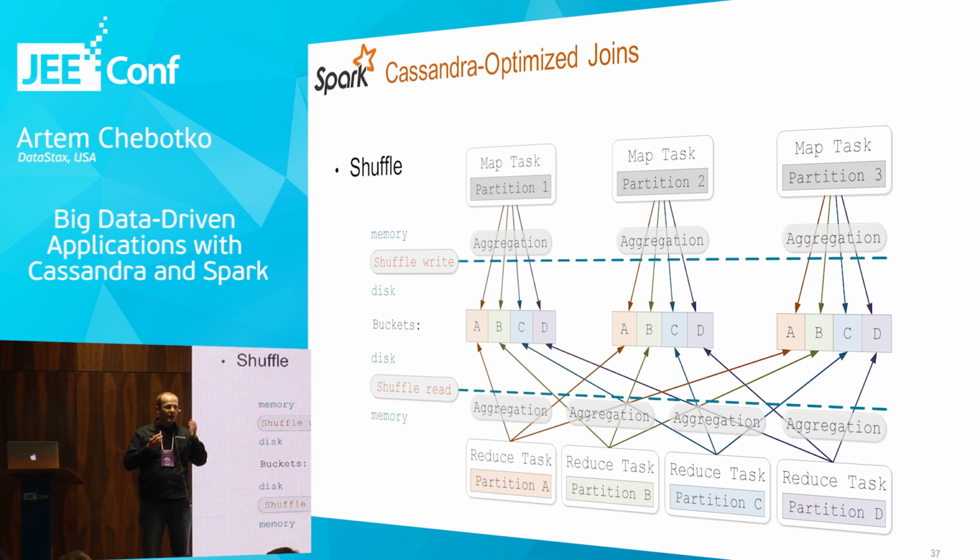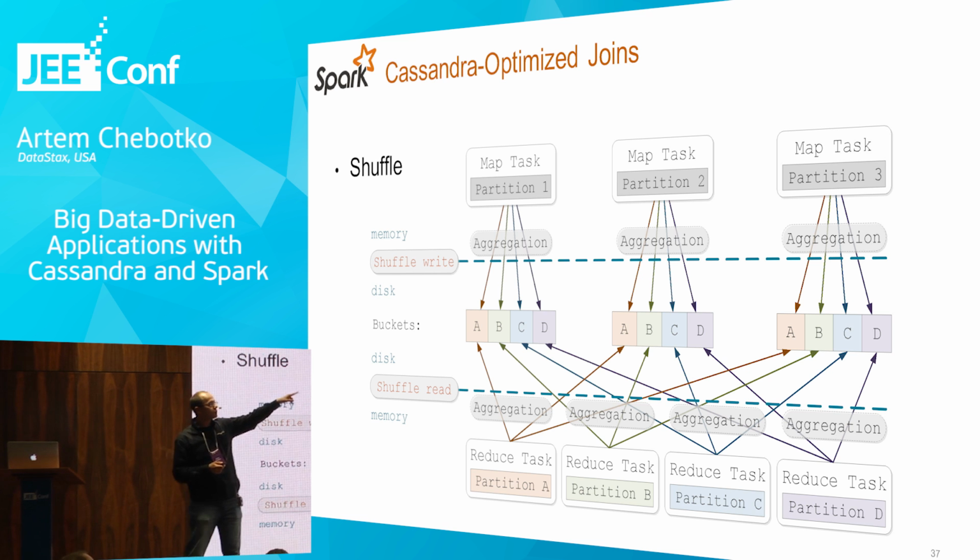You get your Spark partitions, and you are going to reorganize your data to create new partitions with a different property or condition. The way it's done is you take the original partitions 1, 2, 3. You have a task for each one, and each one is going to map the data into buckets, which will go to disk, which will be stored on disk.